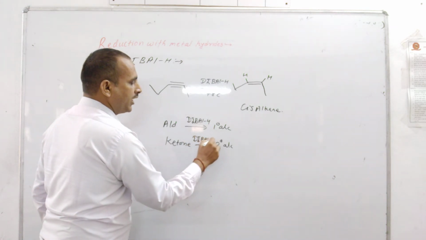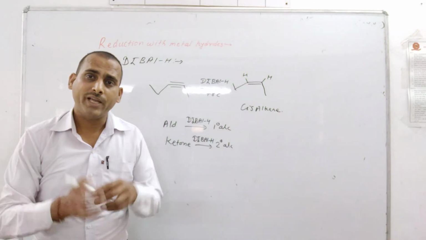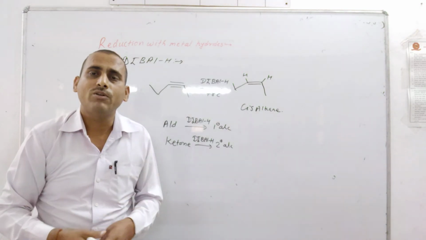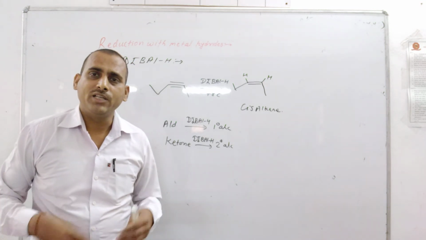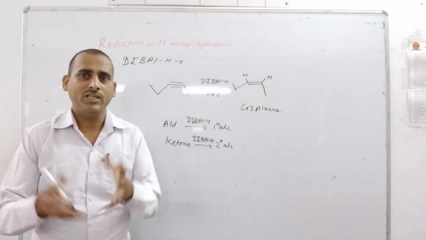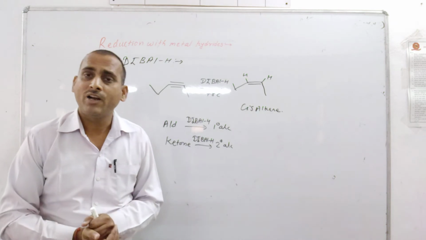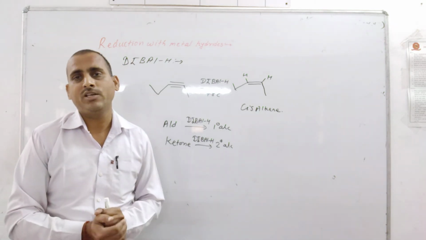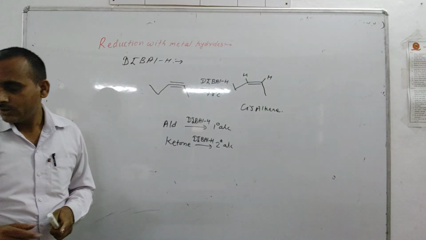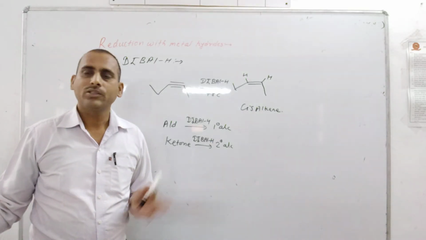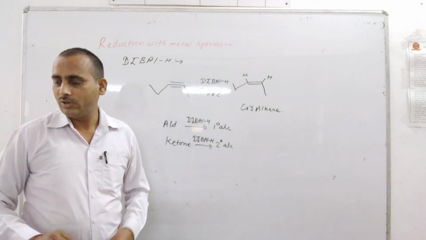And ester gets reduced to aldehyde, and the further reduction of aldehyde does not take place at -78 degrees Celsius temperature. So the reduction of ester to aldehyde is carried out at -78 degrees Celsius. Then reduction of aldehyde gives the primary alcohol, reduction of ketone gives the secondary alcohol.